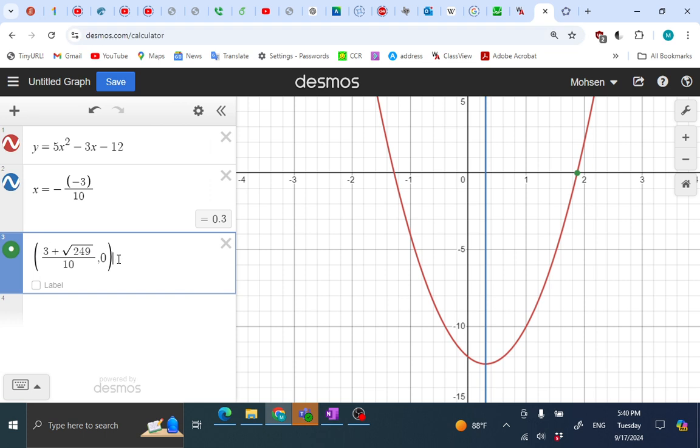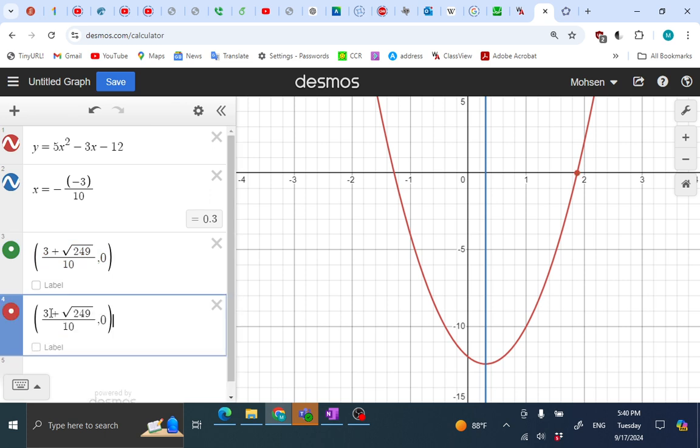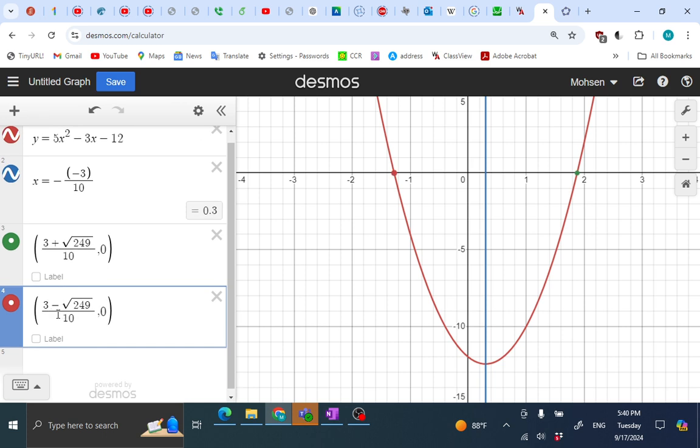I pick the entire line with Control A, copy it with Control C, and come here and paste it with Control V. That's the same point. Now it became red. Of course, I don't want that. I just want this thing with negative. I want to subtract. So that is this other point. This is the minus 1.2, etc. That is the other x-intercept. So remember, this one was your axis of symmetry.